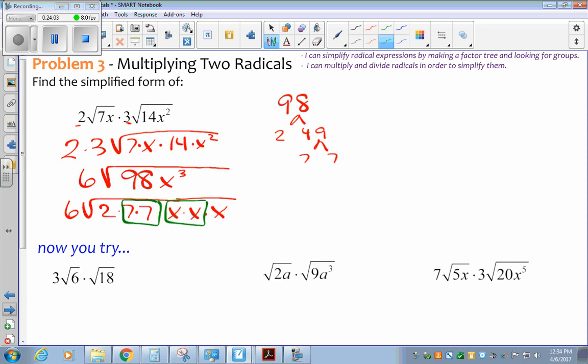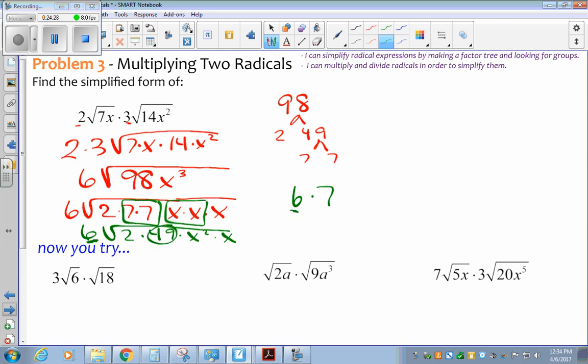So this is 6 square root of 2 times 49 times x squared times x. 49 is our perfect square. What is the square root of 49? 7. I already have the 6 out front, so I keep the 6 out front here.